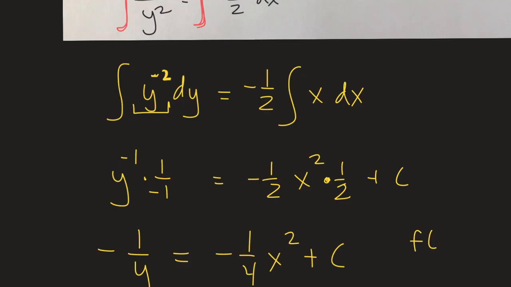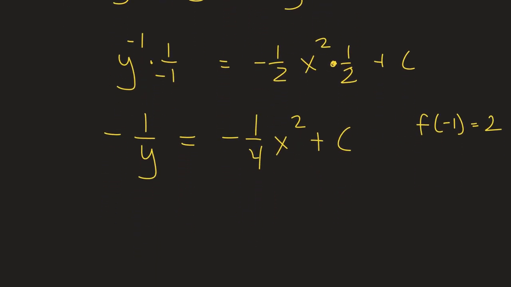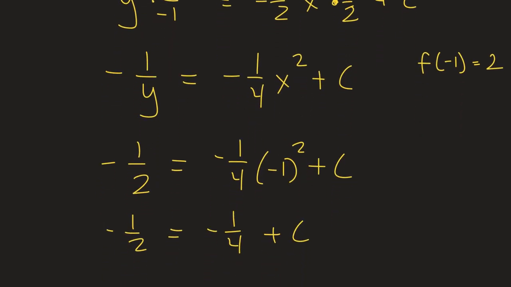And now we have the initial condition that f of negative 1 equals 2. So negative 1/2 equals negative 1/4 of negative 1 squared plus c. Well, negative 1 squared is just positive 1. So that doesn't change much right there.